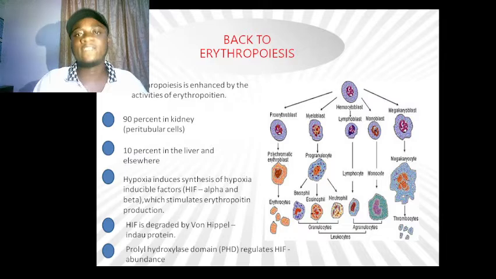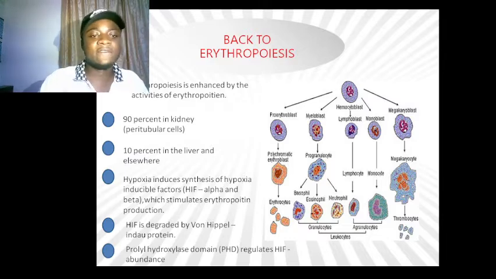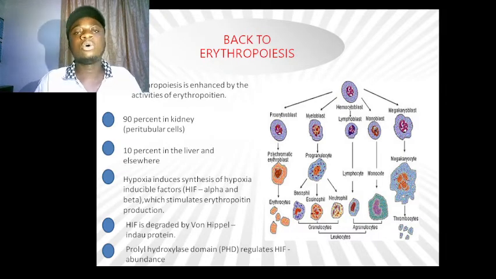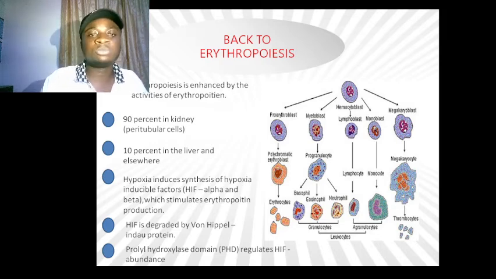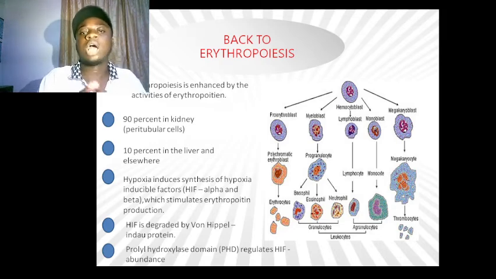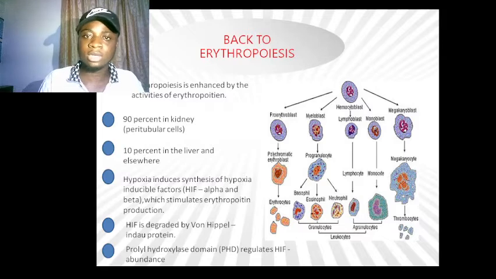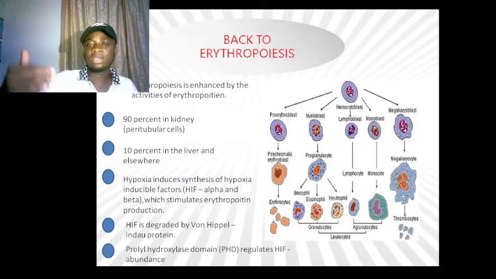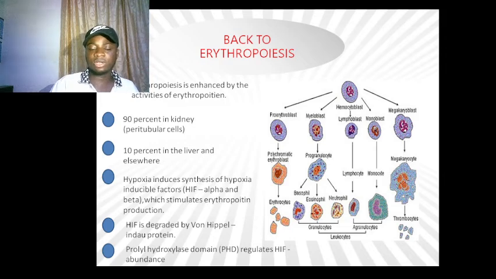What are their functions? HIF alpha and beta function to stimulate erythropoietin. Erythropoietin is the protein which causes production of what? RBC. So hypoxia leads to production of HIF alpha and beta, stimulation of erythropoietin, then erythropoietin will cause production of RBC.